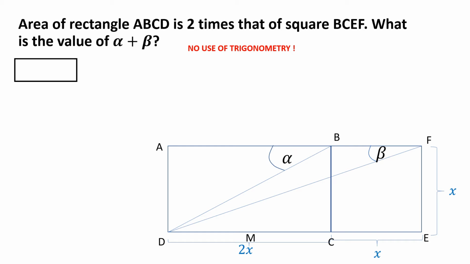And from M, we draw a line perpendicular, and that makes this line parallel to the sides AD, BC, and EF, right? And we draw it in such a way that the length of the line is 2 times x, right? And let's call the point where it meets AB as N, and then the other extreme as O. So we have this line OM whose total length is 2x.